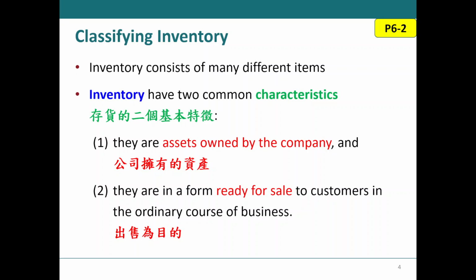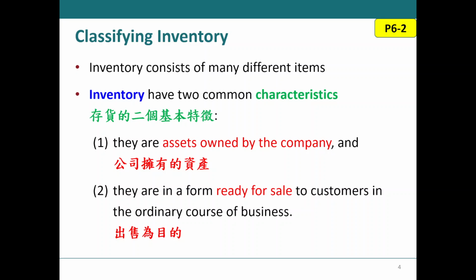So it's our current asset. And don't forget, what's our purpose for inventory? For sale, not for use. So could you tell me what kind of asset its purpose is for use, not for sale? You buy this kind of asset because you want to use it. What's that?